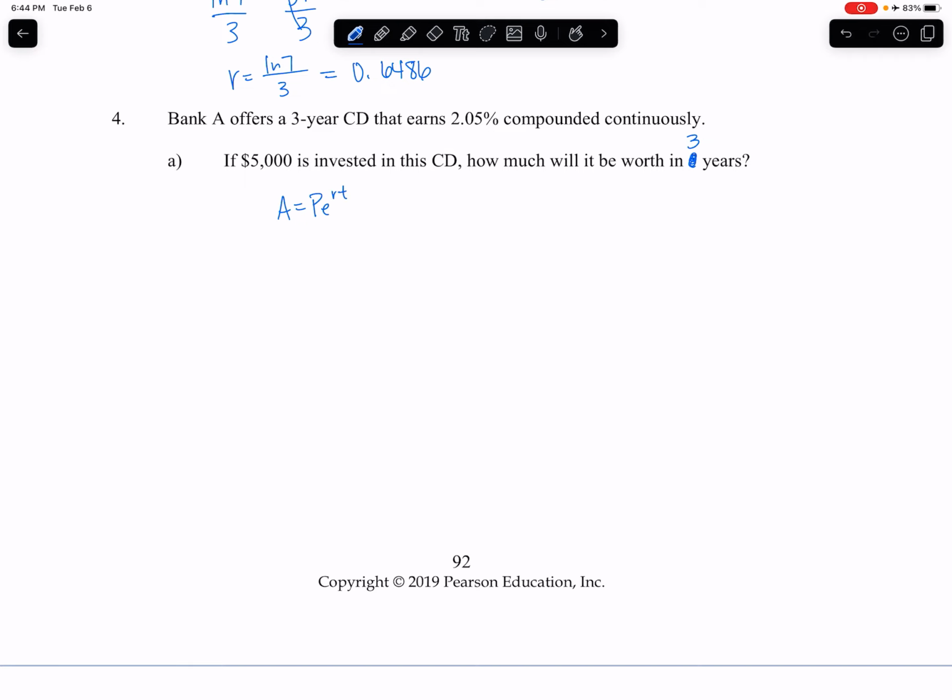We are told we invested $5,000, so that is our principal. The rate is 2.05%, but we move the decimal to put it in decimal notation, so we have 0.0205, and it's been in there for 3 years.